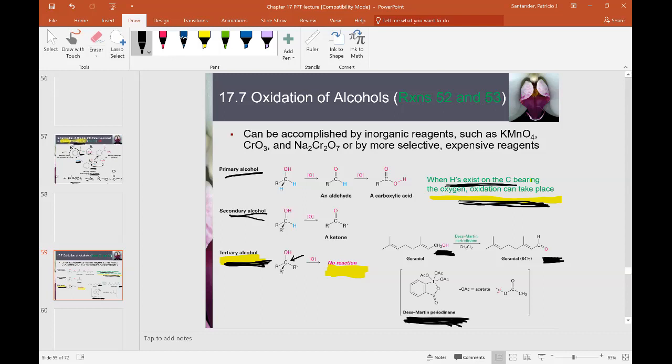So similarly here, if you use KMnO4, CrO3, or sodium dichromate, there is no choice. You have to go all the way from the primary alcohol to the carboxylic acid. There is no way to stop the reaction at the aldehyde level. But if you use Dess-Martin periodinane, you can stop at the aldehyde. Very, very useful reaction.